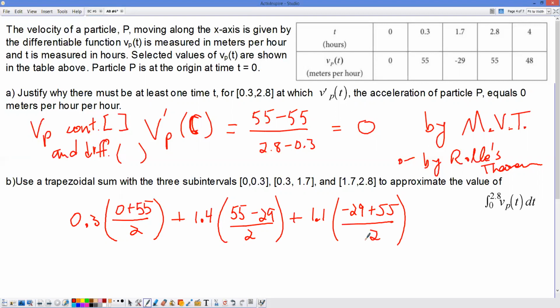Whatever that comes out to be is an acceptable answer. Since you're not required to simplify numeric answers, this answer right here is good enough. You could just leave it like that.